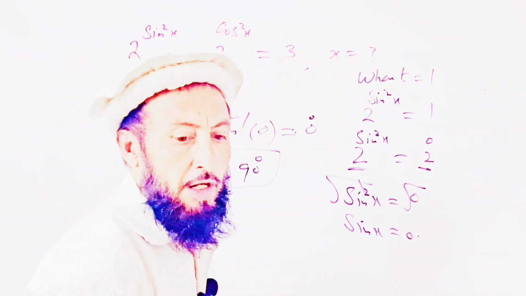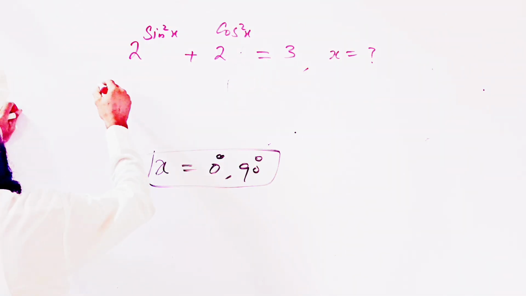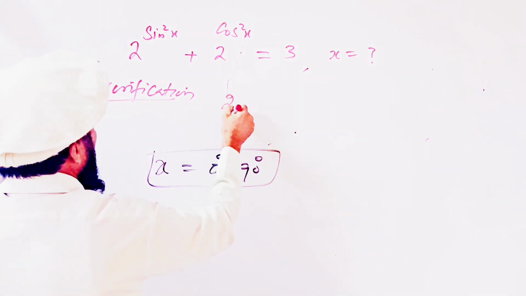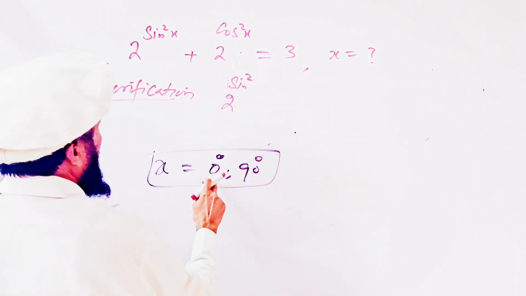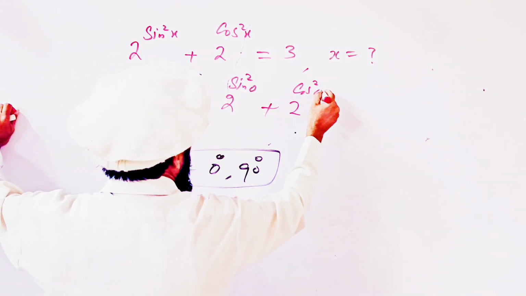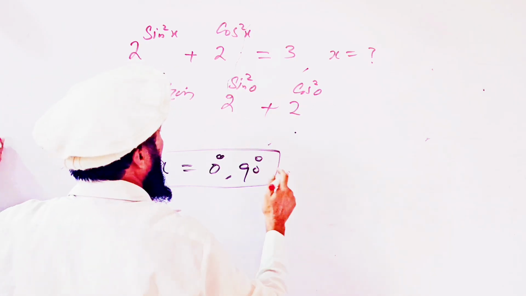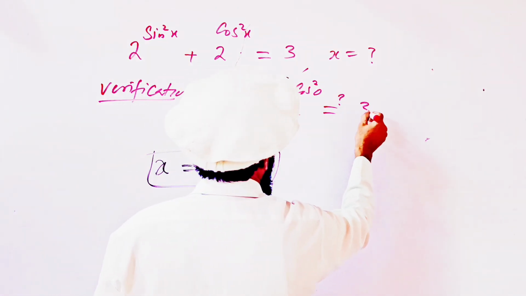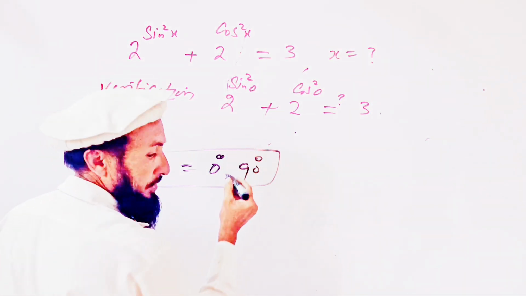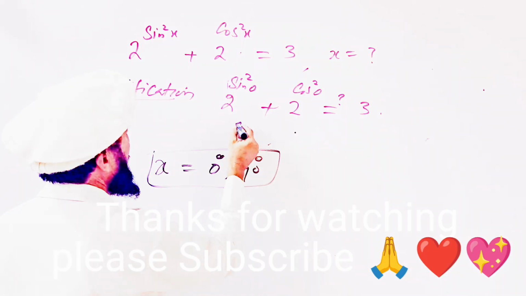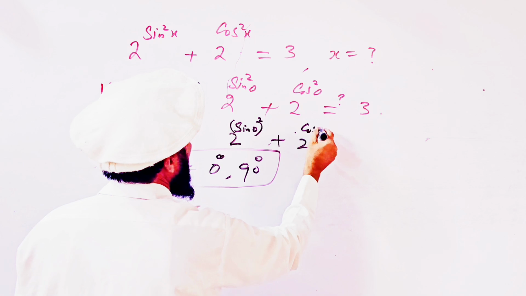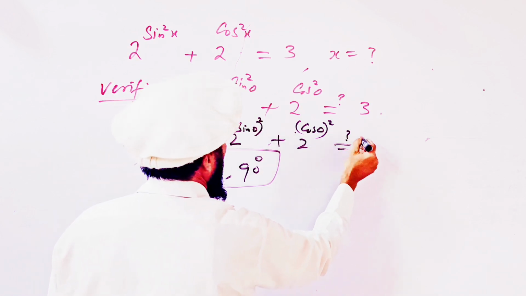Now we want to verify whether our answer is correct or not. Verification: in place of x we put 0 degrees, so 2 exponent of sine square 0 degrees plus 2 exponent of cos square 0 degrees, is it equal to 3?